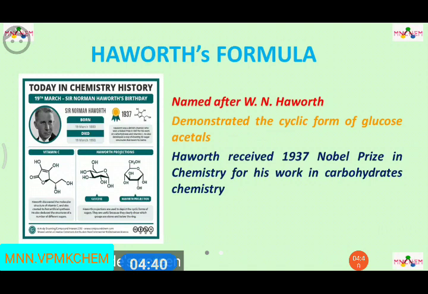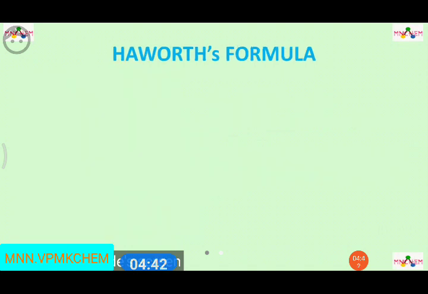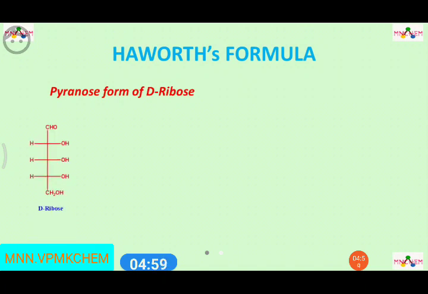Now, how are these Haworth formulas drawn, or how are these ring structures drawn? We are all familiar with the Fischer projection. Now, let's take an example of D-ribose, which is drawn in a Fischer projection.